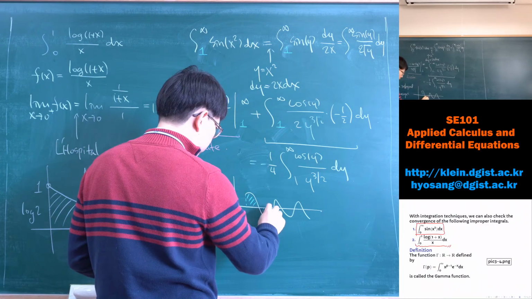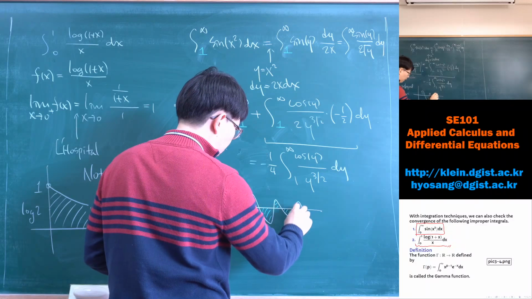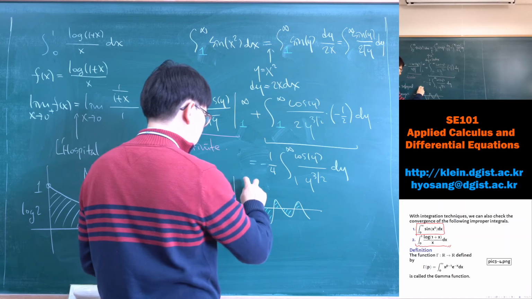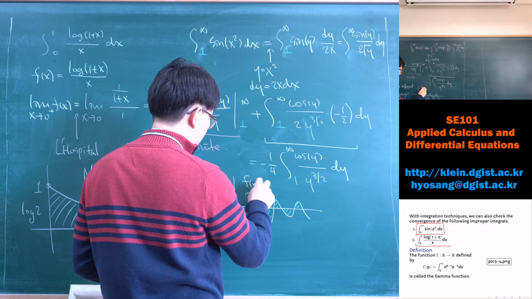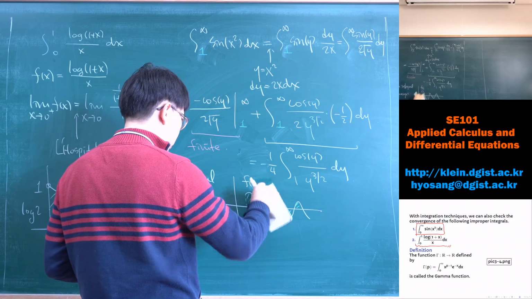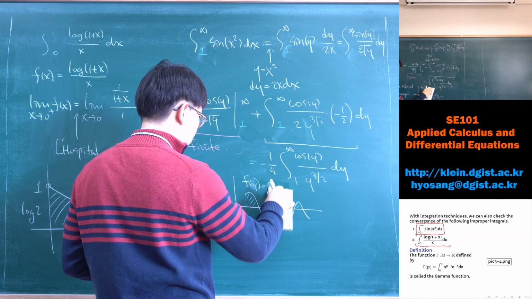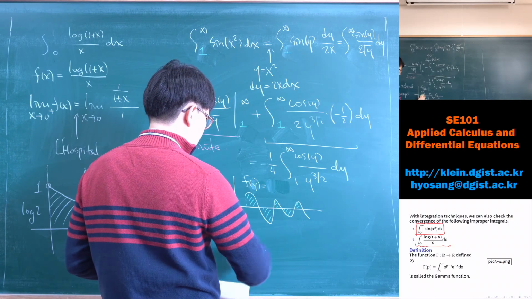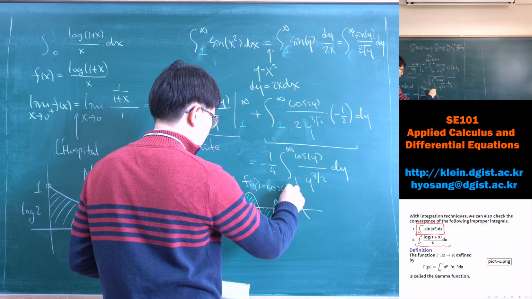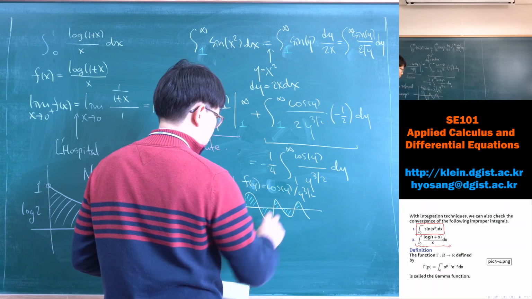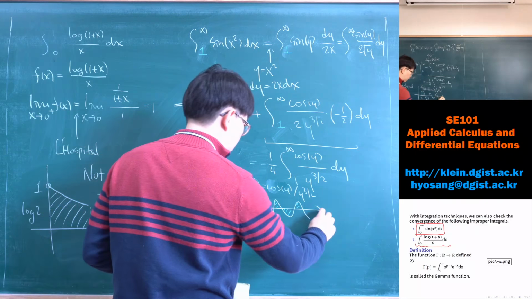Suppose that we have this as a graph of y, so f of y equals cosine y divided by y to the 3 over 2. This is from 1 to infinity.